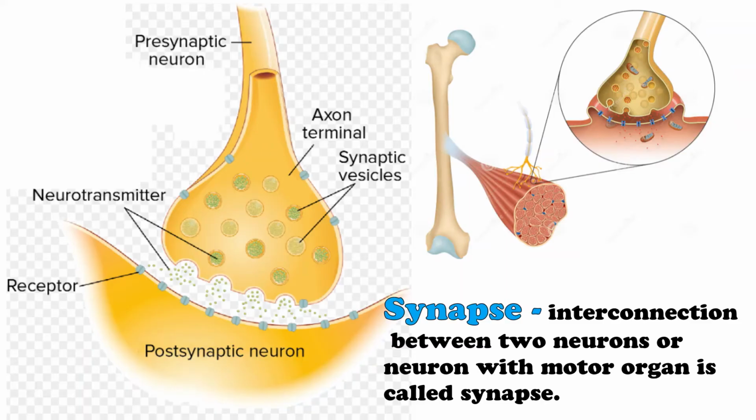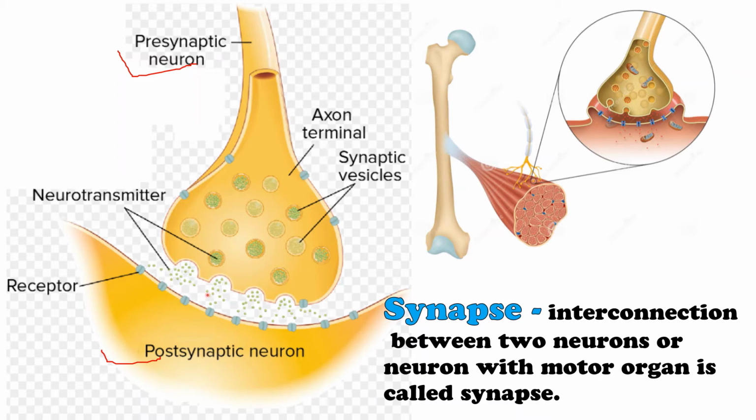Now look at these pictures carefully. It shows two types of synapses. In the left diagram, we can see two neurons, that is, presynaptic nerve fiber and postsynaptic nerve fiber. So this gap is said to be a synapse.